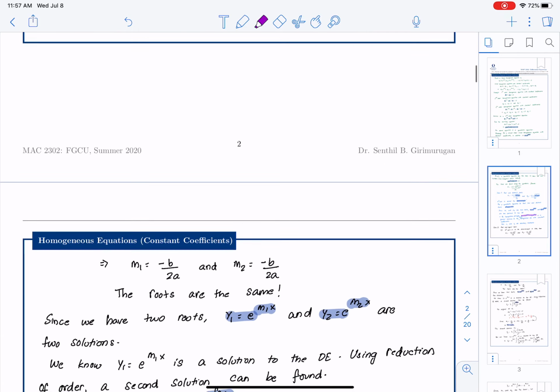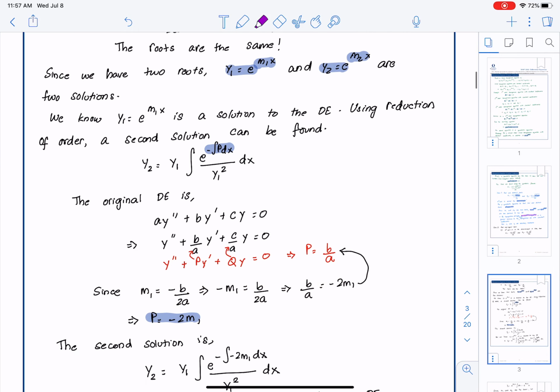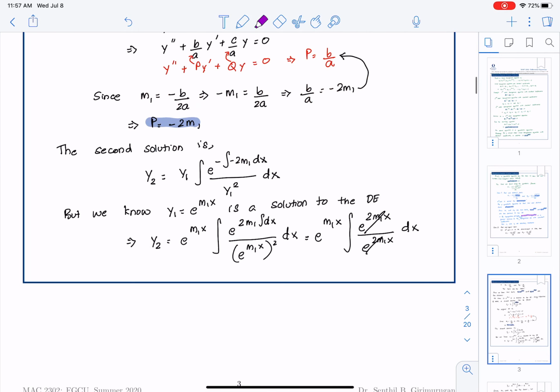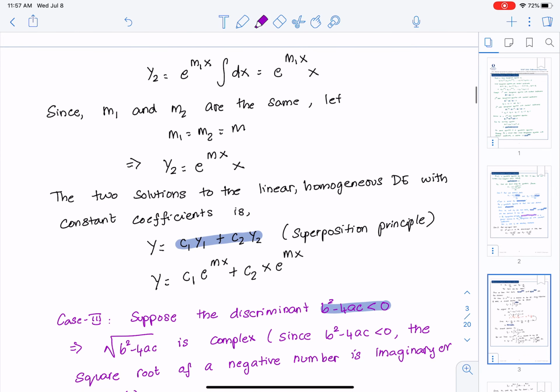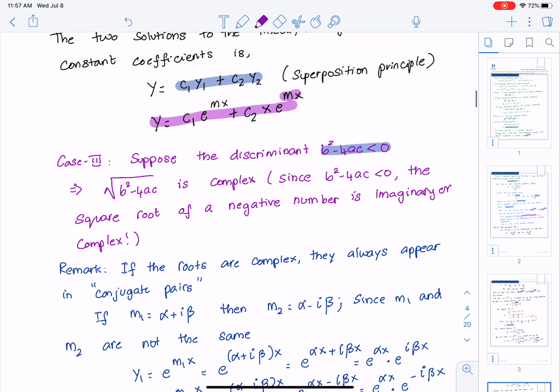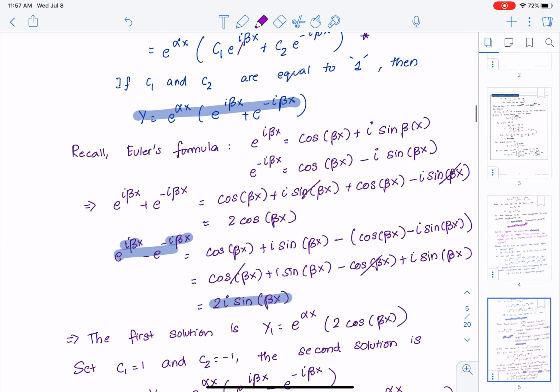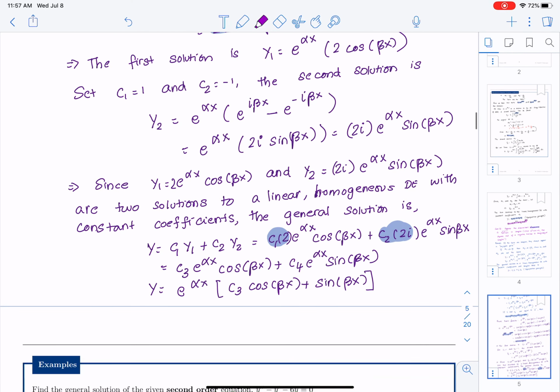If the roots are repeating but real, then the solution would be that. If the roots are complex, then the solution is that. So the entire key to finding the solution is dependent on the roots of the auxiliary equation.